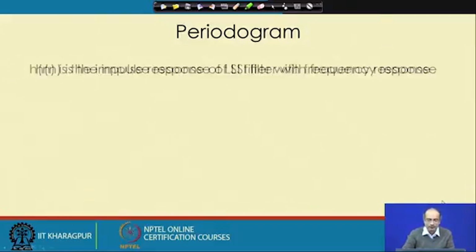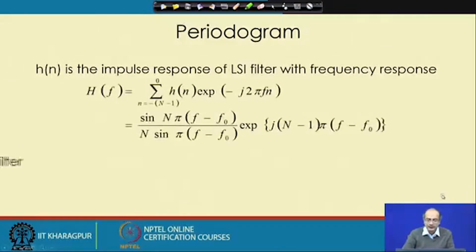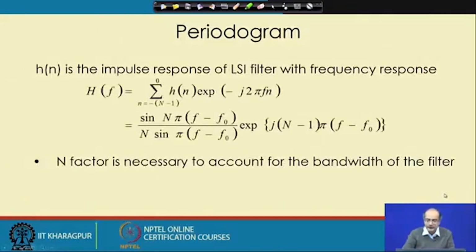We get some more from here. The term N, that capital N, which gives the number of samples, this factor is necessary to account for the bandwidth, that is, how wide or narrow that band pass filter would be.